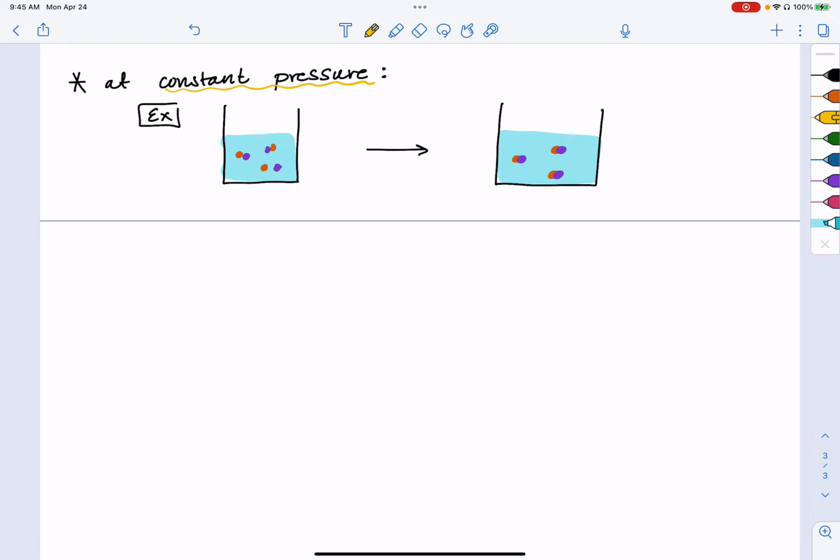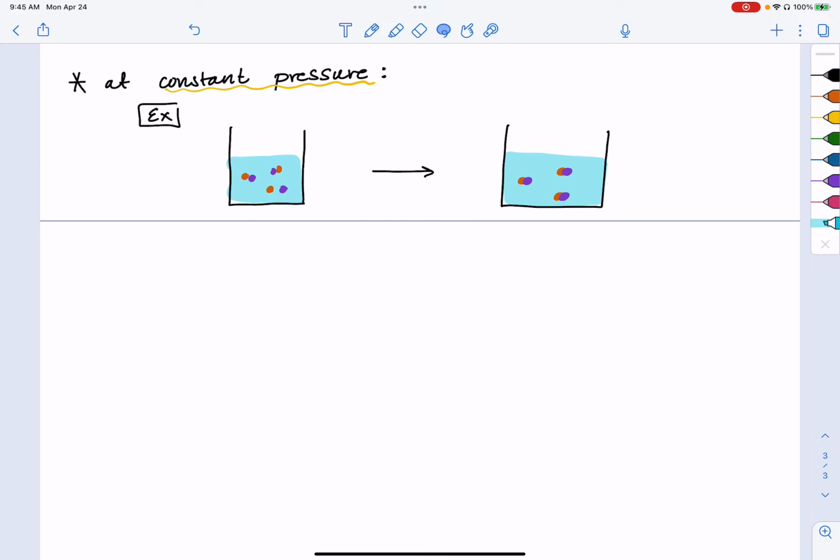Now, I know you probably think I'm a liar because every time we have stepped into our Chem 210 lab, it's been boiling hot. There's not been a lot of thermal or temperature control in that room, and you are right. However, we do not expect significant fluctuations in pressure as we perform our chemical experiments in the lab.